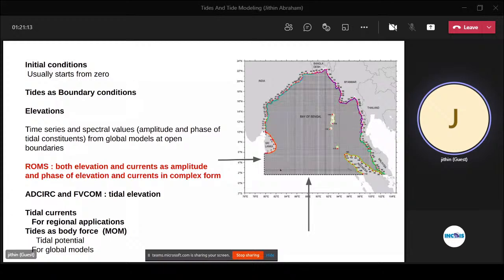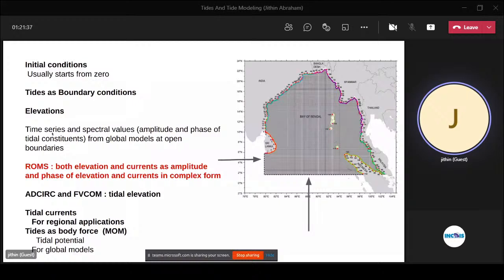You can see that the northern part is closed. It is bounded by the landmass, and the southern and western part is open. So here, for regional purposes, we usually give the tidal forcing at these boundaries as tidal elevation and currents.